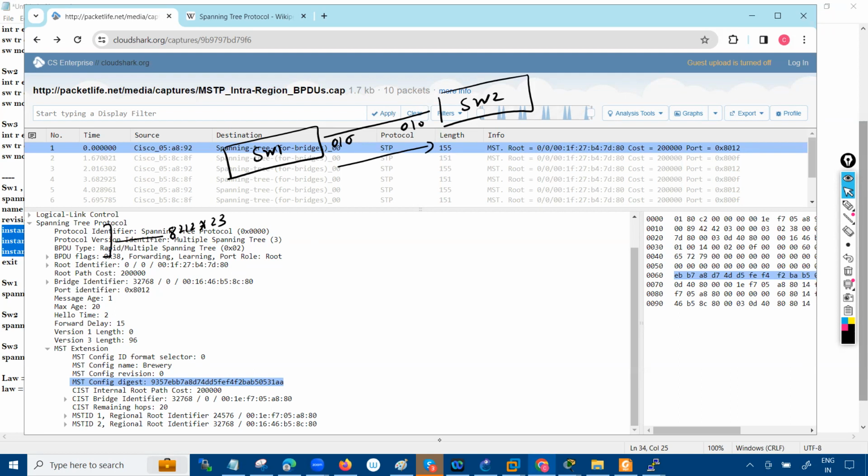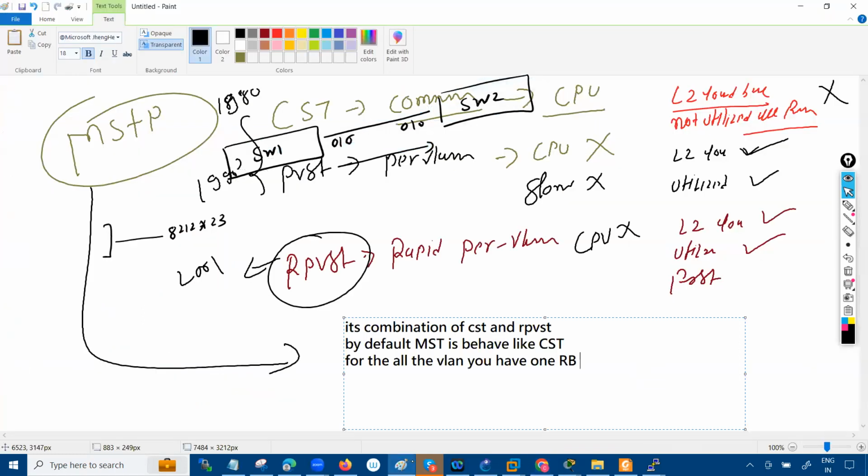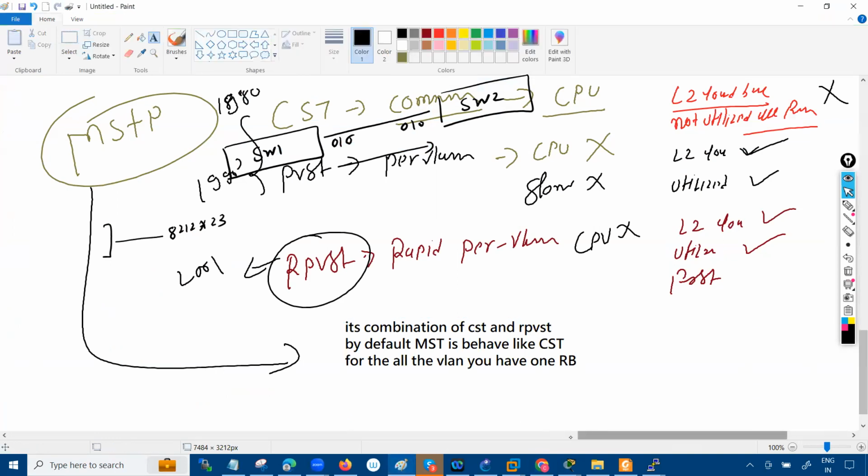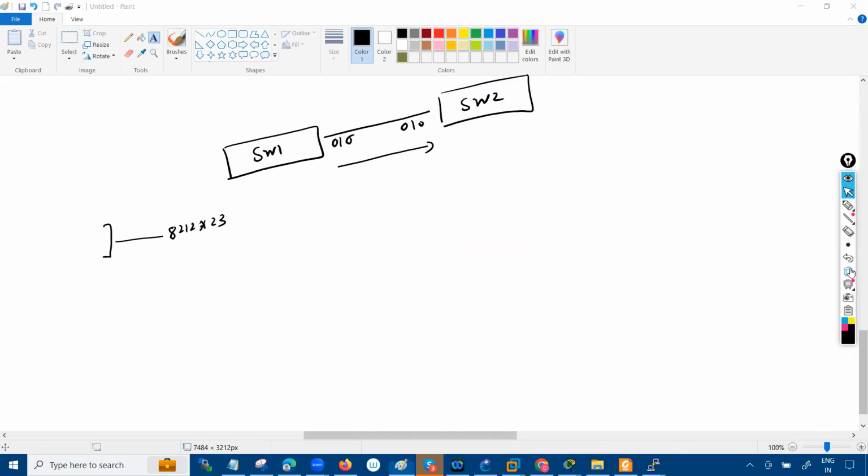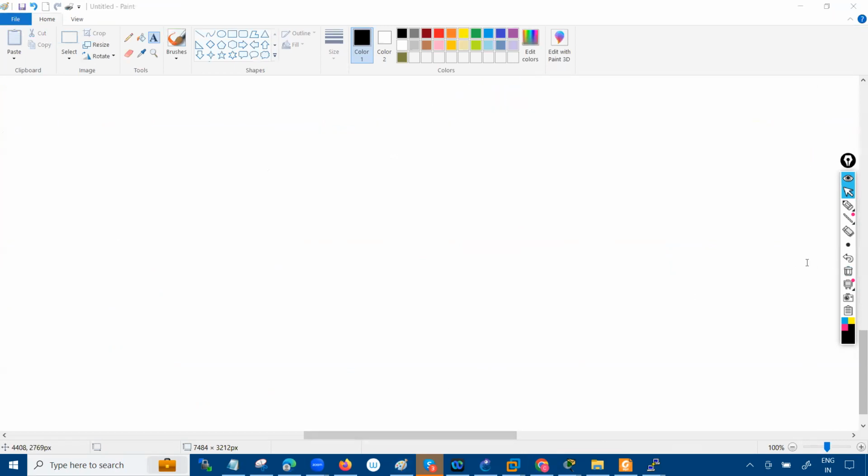Okay, understood. But let's say there are 100 instances, how will you map them? If there is more than one instance, how would you map the whole of them together? Let me explain.